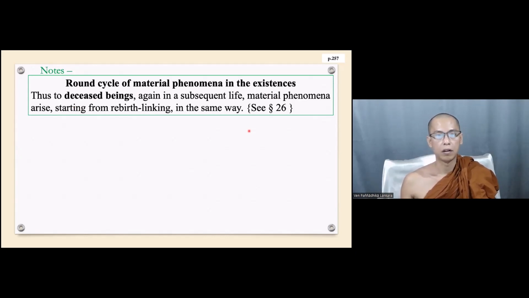But for ordinary persons and trainees, they have to be reborn in any plane of existence. After dying in this life, they are reborn in another life according to karma. When they die, at their last moment, the process of materiality and also mentality ceases at the moment of death consciousness.